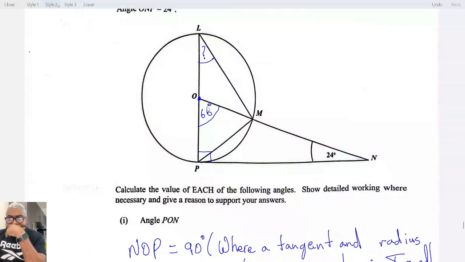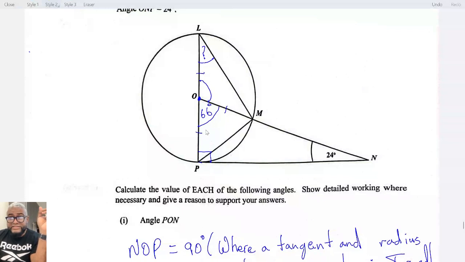If we find here to be 66, there are two ways you could take this. You could find here, and then this will be an isosceles triangle because this is our radius and this is our radius. Base angles in an isosceles triangle are equal.